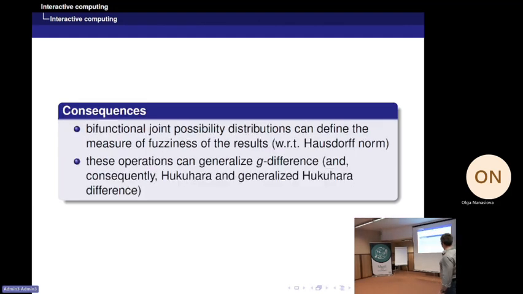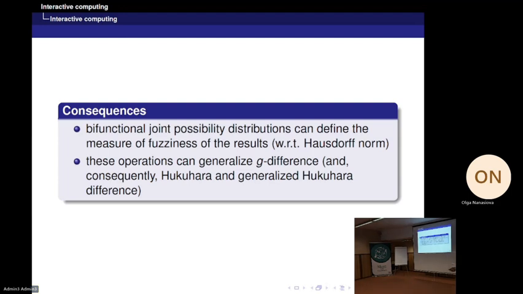So this way we obtain some properties that are consequences of the results which appeared in the paper by Esmi. However, we have a better insight into how this interactive computing can work.